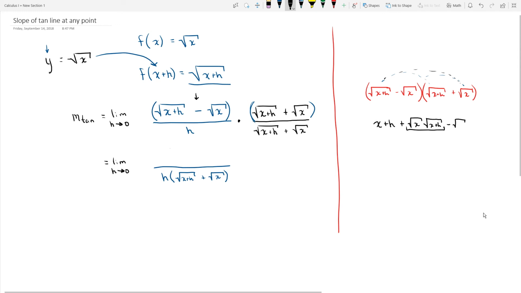So you'll end up with a negative square root x times the square root of x plus h. And finally we would end up with negative square root x multiplied by the positive square root of x, which would give us just negative x. So these will actually cancel out, and we will end up with simply x plus h minus x.